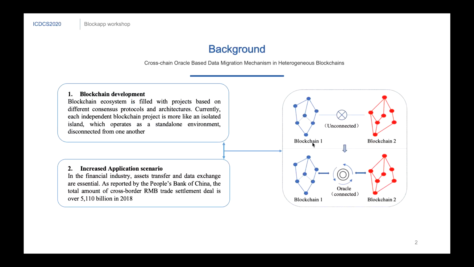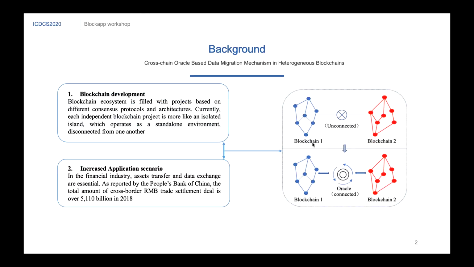As reported by the People's Bank of China, the total amount of cross-border RMB chain settlement is over 5,110 billion in 2019. And in this case, migration into a new blockchain is becoming a necessity as more people continue to take note of emerging technology and its capability.